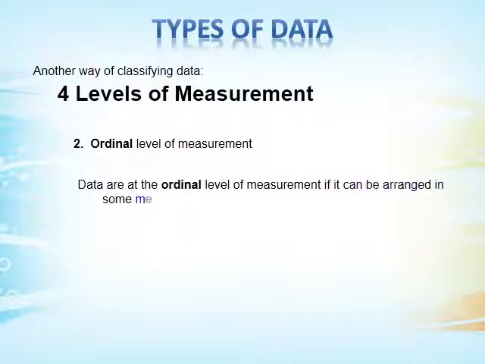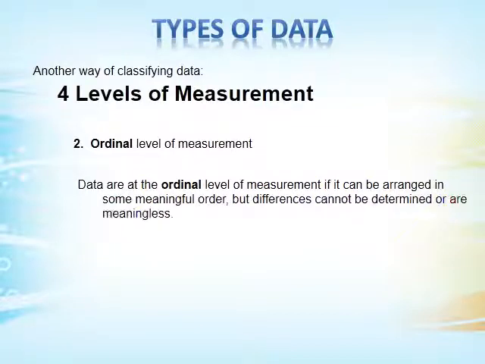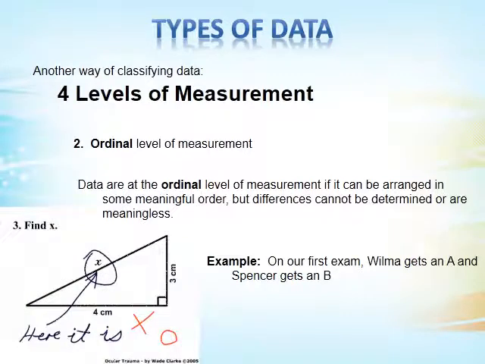Ordinal level of measurement, data are at this level if it can be arranged in some meaningful order, but differences between two different pieces of data cannot be determined or are meaningless. So for example, on our first exam, suppose Wilma gets an A and Spencer gets a B. Because we can order these, clearly an A is better than a B, so I would order these as A first and then B. We can order them, but we can't subtract A minus B and get some sort of meaningful difference.